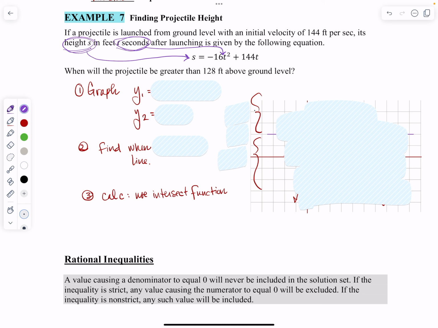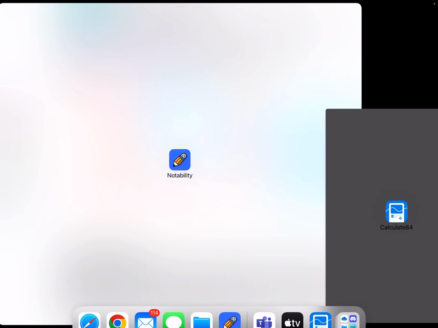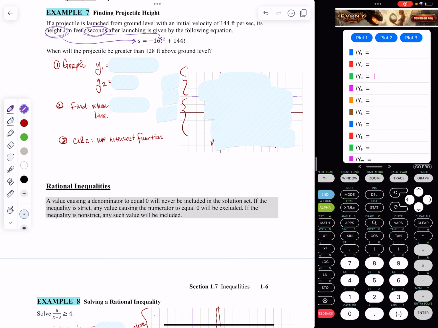After launching, the height is given by the following equation. So we were handed an equation. Let me take you to the calculator, and I'm going to try to do a split screen here. In Y1, we're going to enter this negative 16t squared plus 144t. Only we're not going to use t's, we're going to use x's.